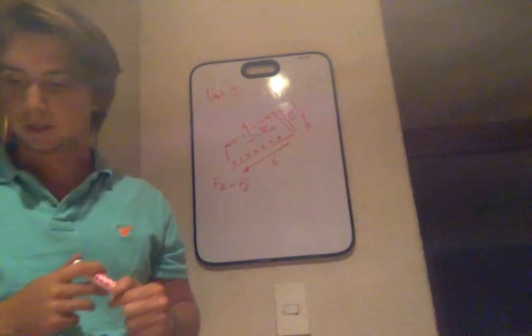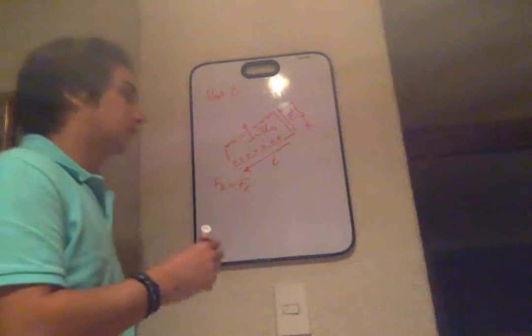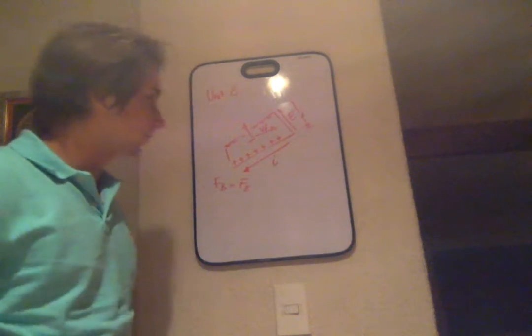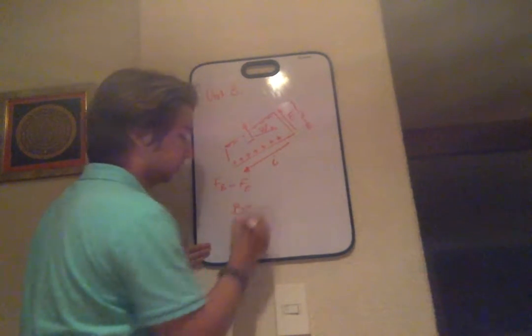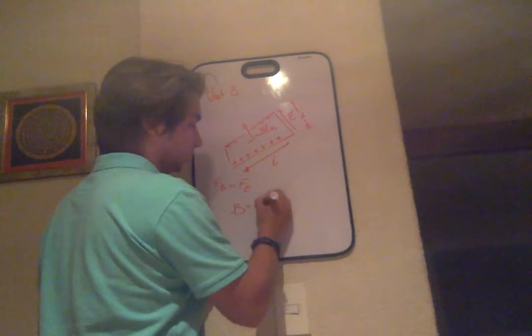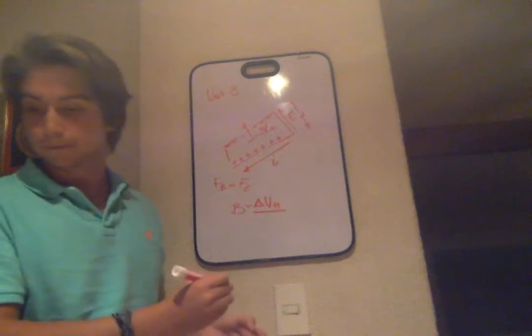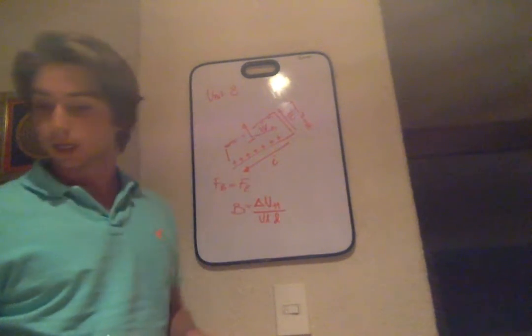And we have an equation that will help us find the magnetic field, where B equals the change of voltage, the Hall voltage, divided by vD times d.